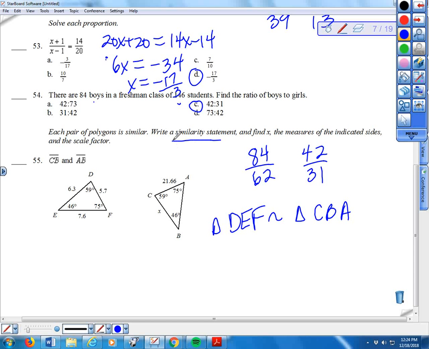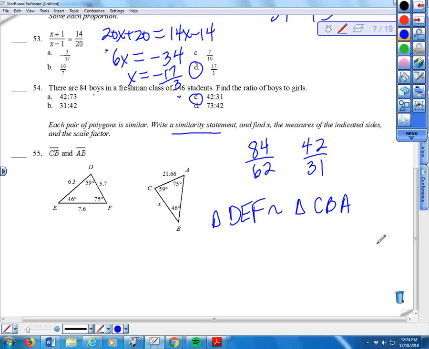Now to find x, I'm just going to set up proportions using this similarity statement. So if I know that DE is 6.3, that corresponds to CB, which is what I'm looking for. And now I'm going to have to write another one. I have DF. DF corresponds to CA, and I have CA. So DF and CA are corresponding.